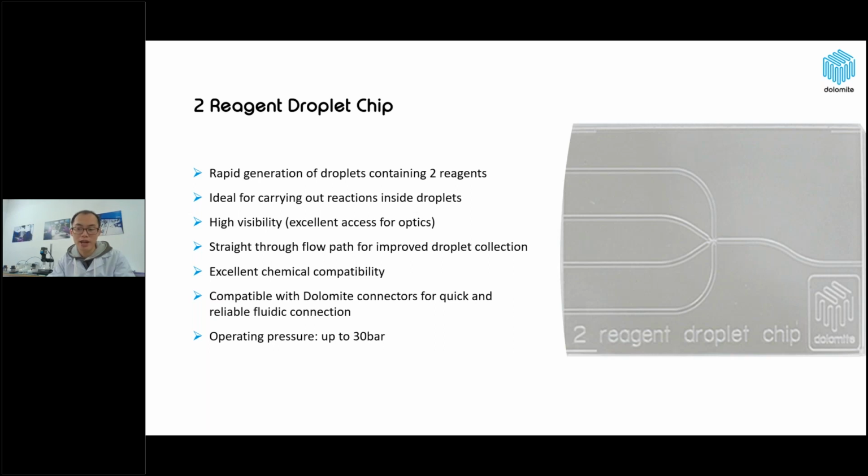It is designed for various applications, including high output chemistry, biomedical analysis of cells, particle formation, and polymerization research. It's compatible with the Dolomite connector for quick, reliable fluidic connection, and has very excellent chemical compatibility and high operating pressure up to 30 bar.